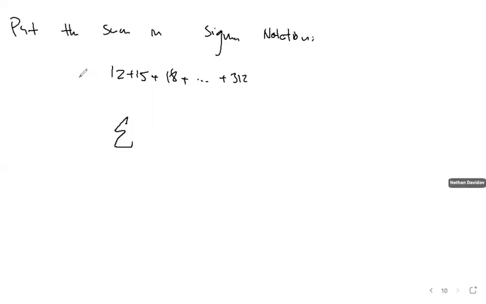So first of all, what am I summing over? I know that the nth term here is going to be, well, I'm starting at 12 and then I'm adding 3, n minus 1 times. That's just an arithmetic sequence. So I'm going to be doing 12 plus 3 times n minus 1. You could simplify that. You don't have to.